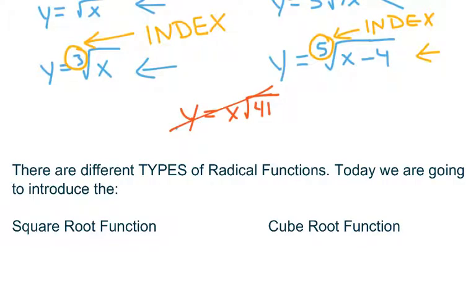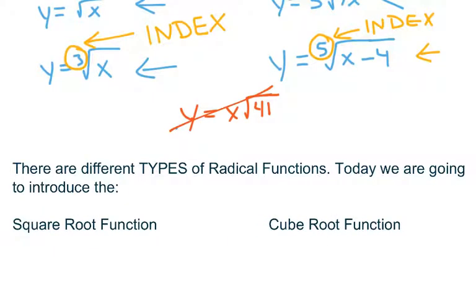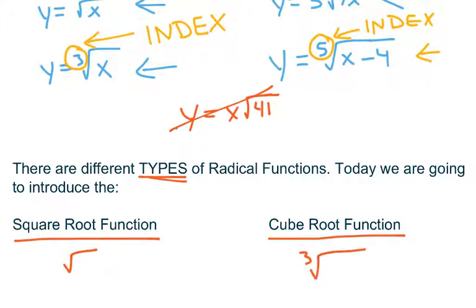Now, being able to change that index means that there are different types of radical functions. Today we're going to introduce the square root function, which means we're going to have a square root symbol in them, and we're going to introduce the cube root function, which means we are going to have an index of 3.